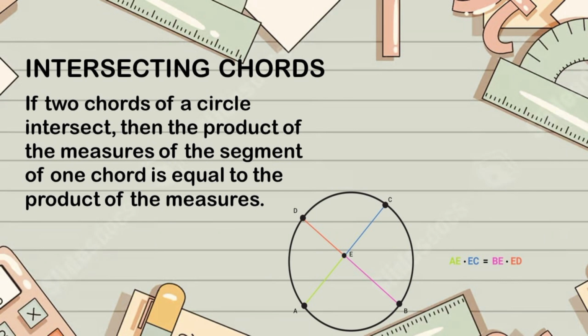So this is the formula: AE times EC equals BE times ED. Let's find out how to use this formula.